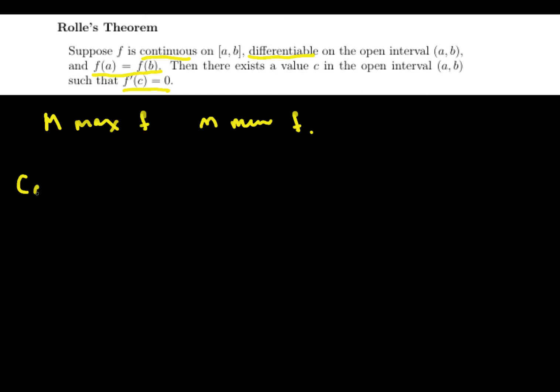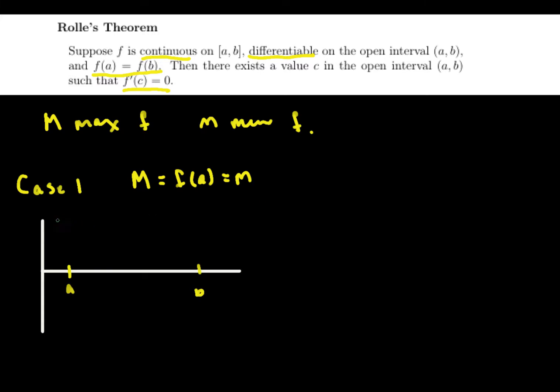So this is our requirements, and we have a few cases. Case 1. This is where M equals our endpoint f of a, but it's also equal to the min. So it's saying that the min and the max are the same and it's equal to our function. Well, the only way that could happen is a scenario like this, where M equals m, and our function then has to be constant all the way through.